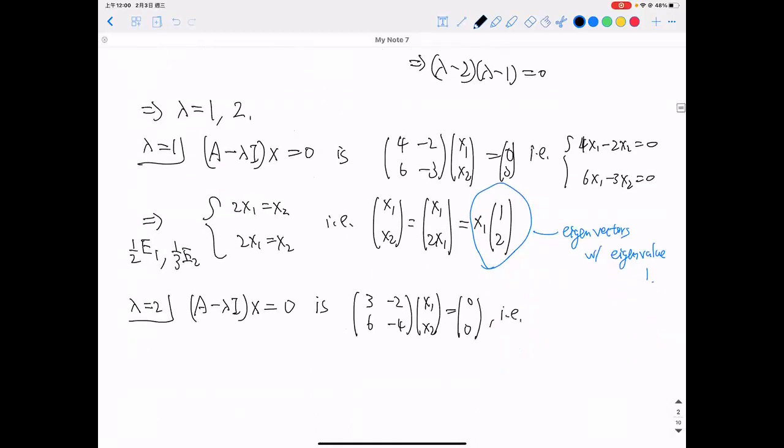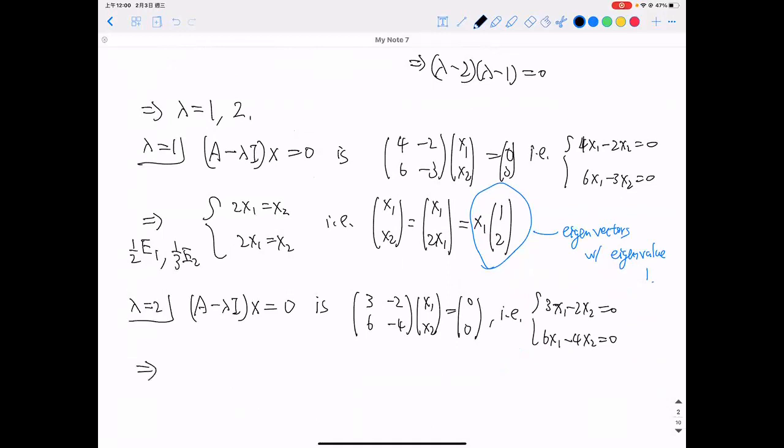And once again, you can just write out the equations. It's 3x1 minus 2x2 equal to 0. And the second equation is clearly just double the first equation.